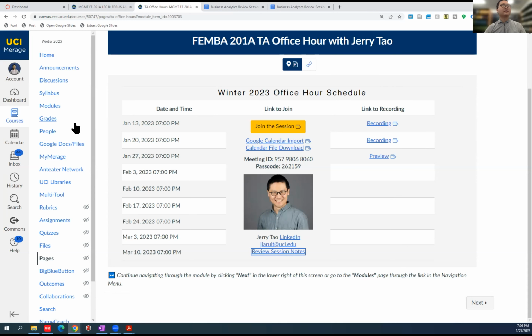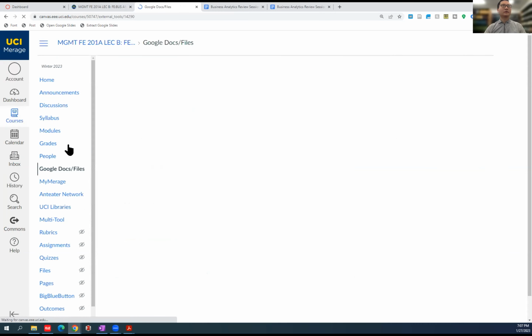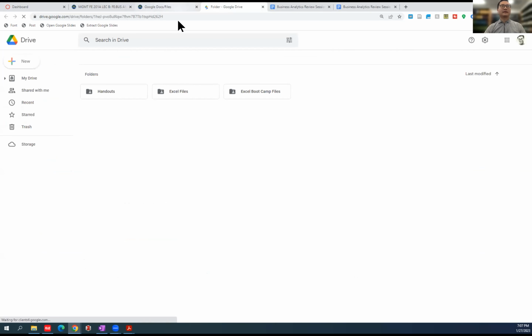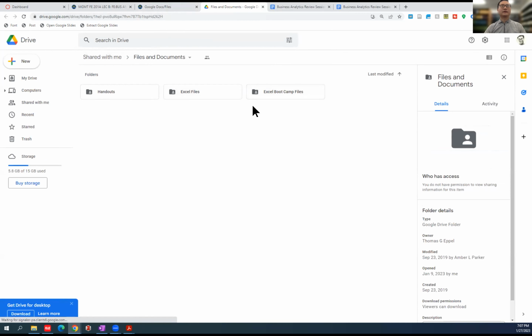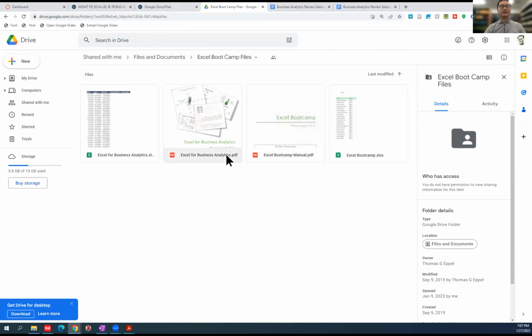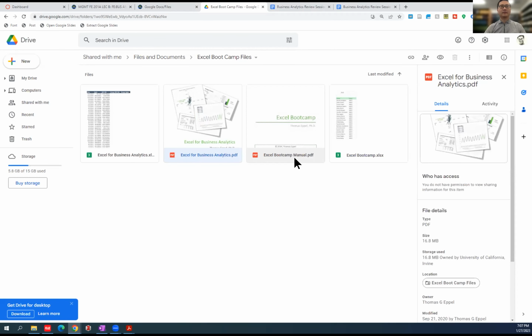And as always, if you have questions regarding Excel operation, a good resource is already posted on the website. You can go to Google Doc and file. This directs you to a shared folder for Excel files. Particularly in this bootcamp, you'll be able to find 2 menus for Excel operation.